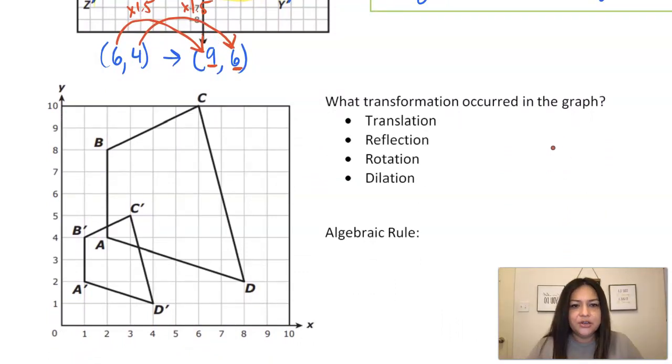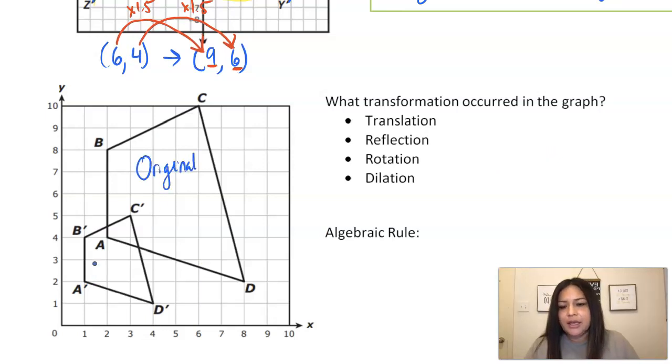What transformation occurred in the graph? Once again, the first thing I'm going to do is label my original and label my new. So once again, did the size change?